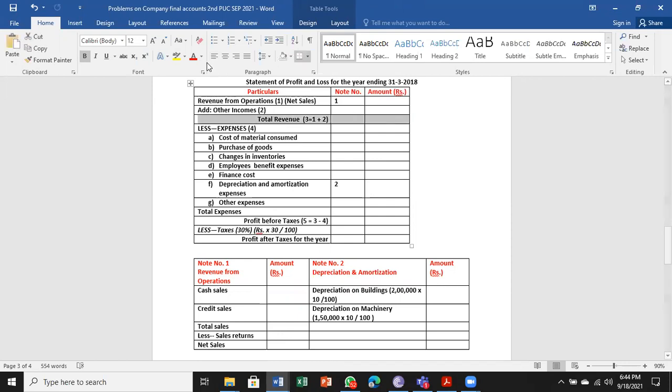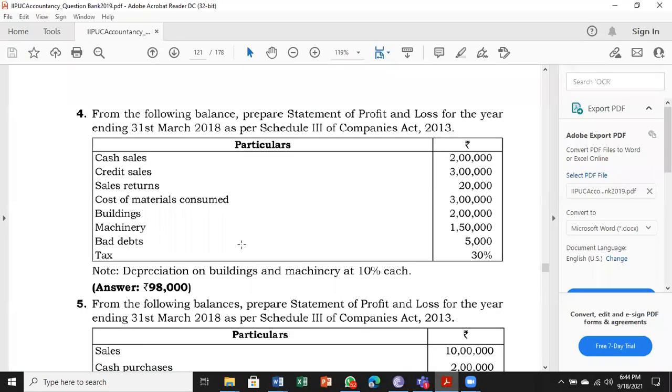So we have to have it. That I am showing you here. The remaining is as usual, the same format. Let us go one by one now.